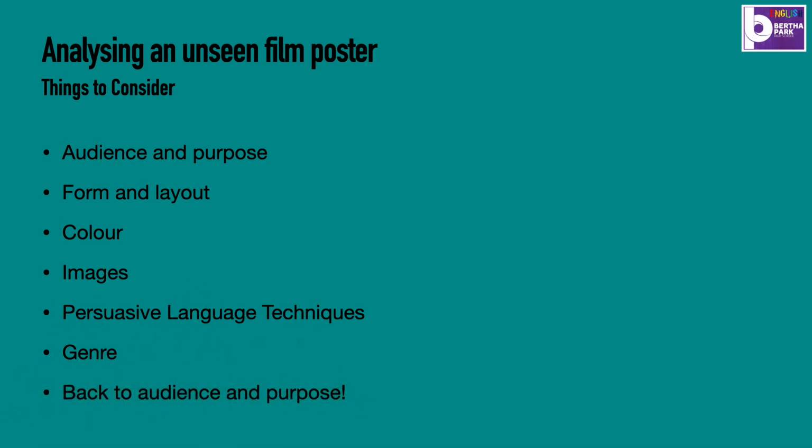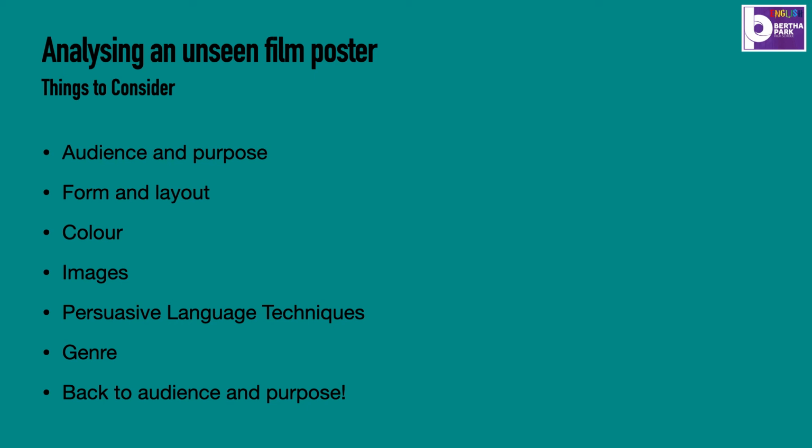audience and purpose. And the reason why is if you're asked to explain why a poster is effective or ineffective, well, if it hits its target audience and it achieves the purpose of persuading the target audience to come and see it, then it's probably a very effective poster. But some posters are either too weird or they don't actually hit their target audience.